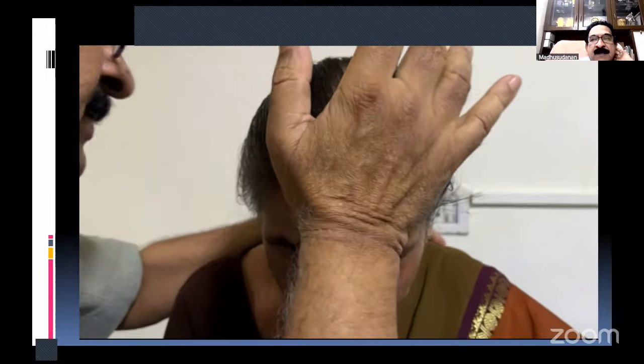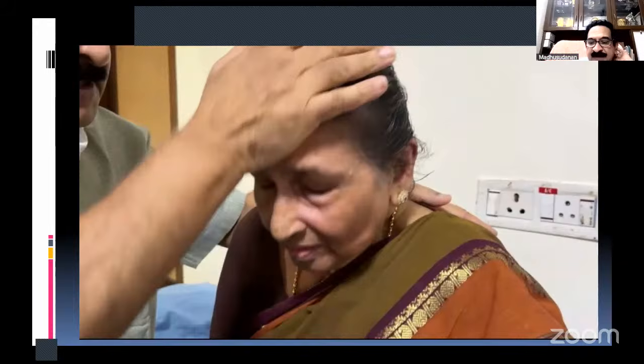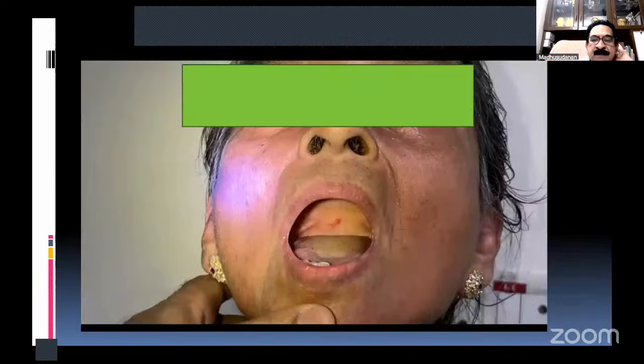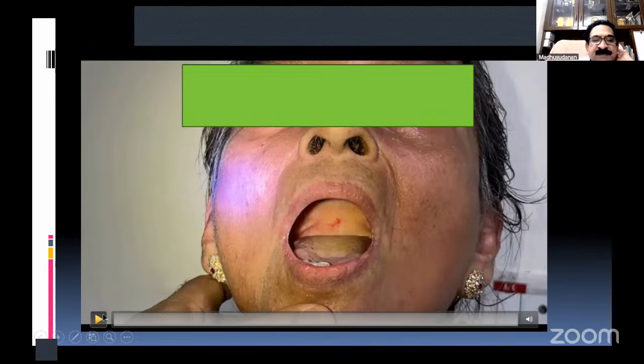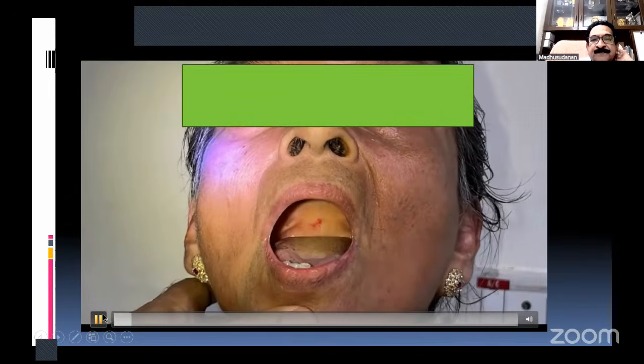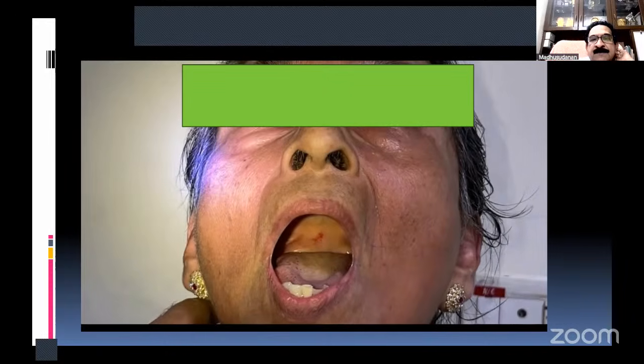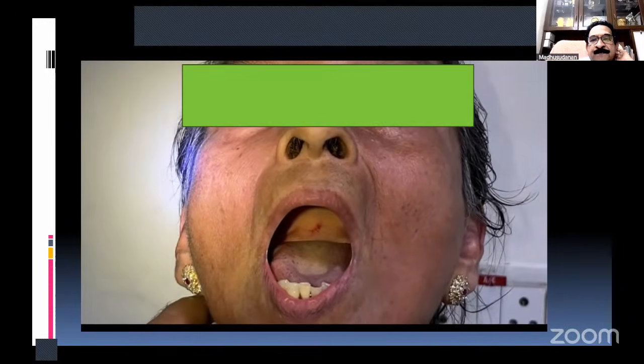Okay. Now, this is the video of the patient. Eye movements are all normal. Neck flexors very weak. On examining, the upper part of the face is normal. There is lower facial weakness. And palate was not moving at all.